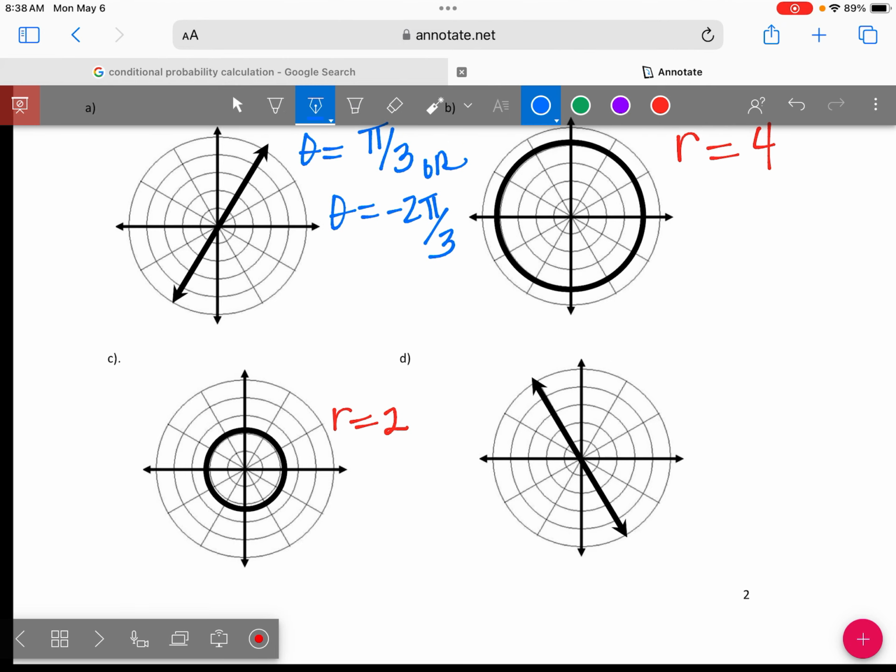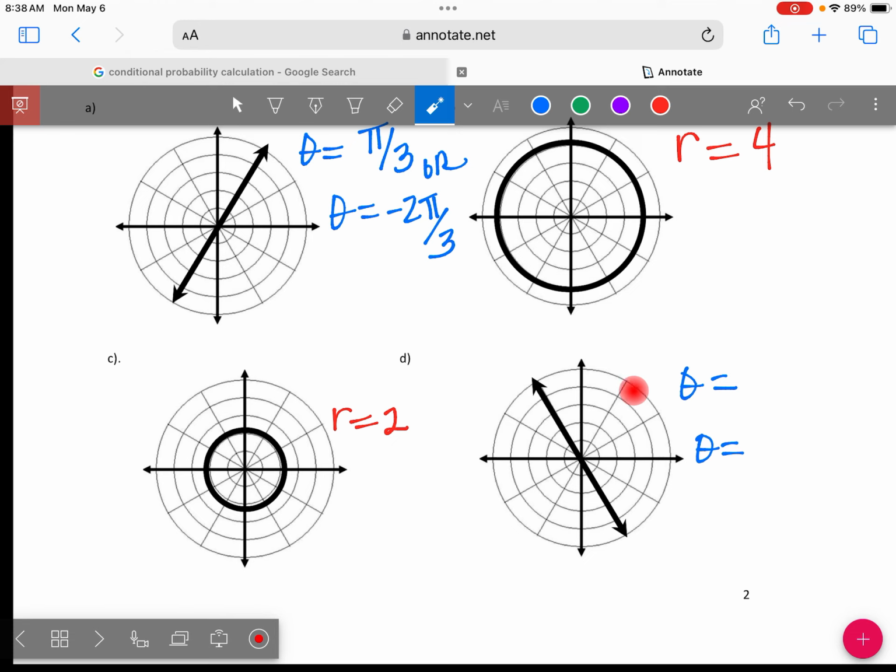So this is theta equals, I want 1 positive and 1 negative, both in radians. So I'm counting positive.